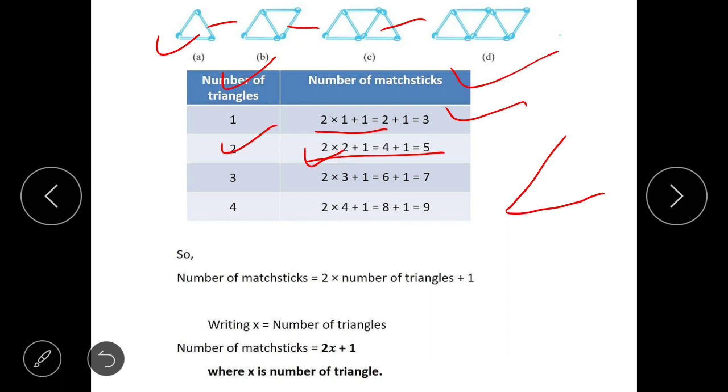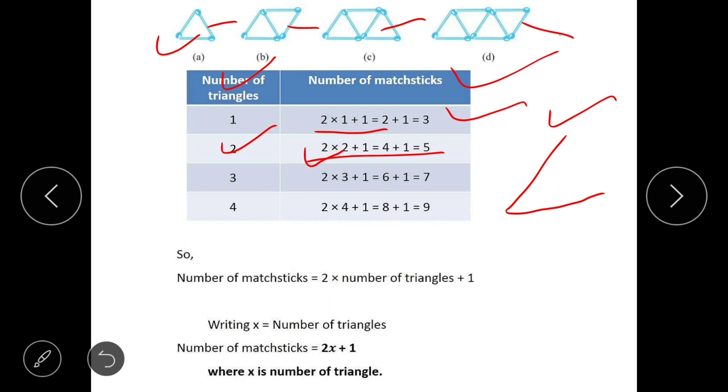Because I am getting this pattern if I remove one mastic. So in the first case I have a single pattern. In the second case I have a pattern like this, then it is like this. So I need 4. In the third, if I remove the mastic, I need 6. In the fourth, if I remove this end mastic, I need 8.